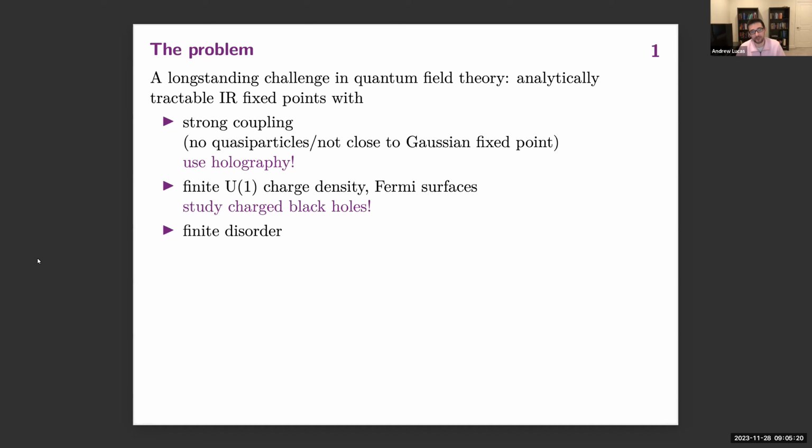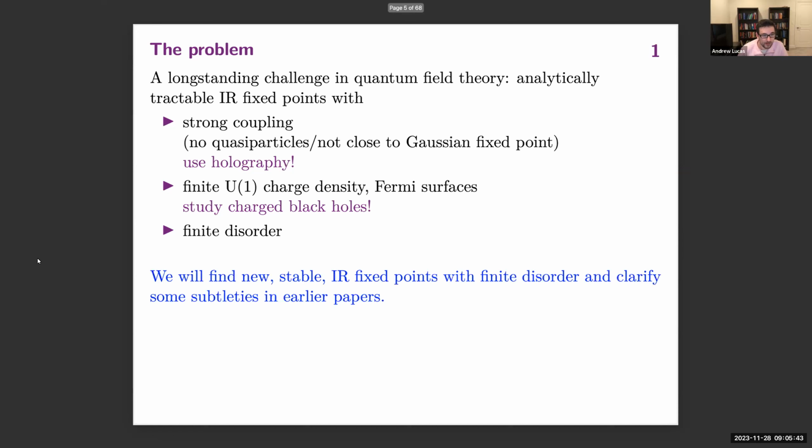That also makes the finite charge density pretty easy because we just need to study charged black holes in our dual geometry. And as we'll see, disorder is also very elegant to handle in the holographic models, although it's a little bit subtle as we'll discuss in some detail.